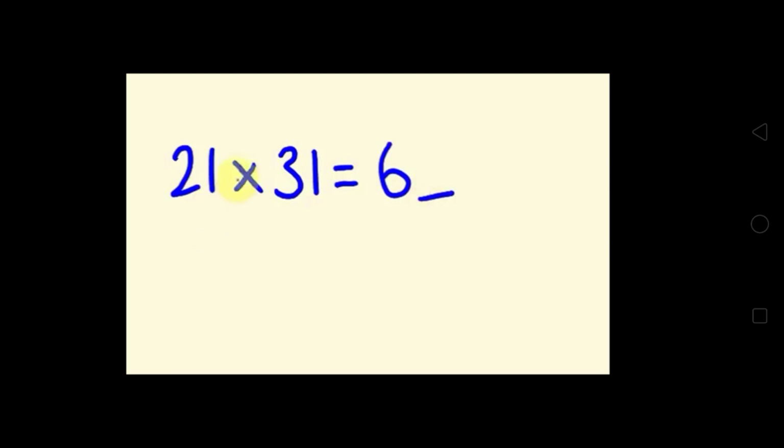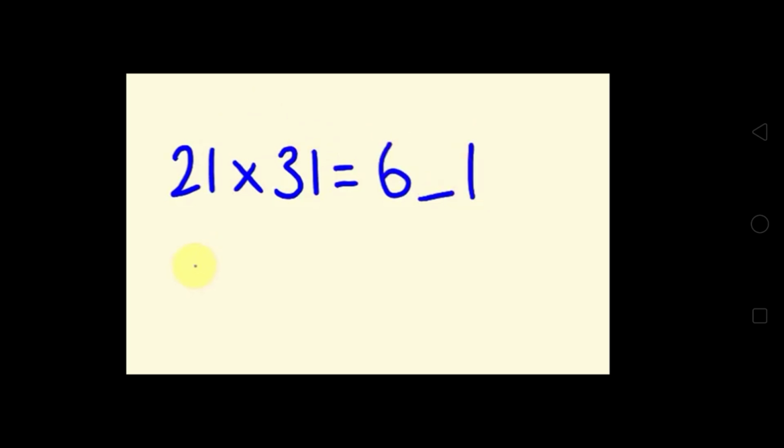Multiplying two-digit numbers. So, let's say we have 21 times 31. So, how are we going to multiply it mentally? So, first, we multiply the tens. 2 times 3, we got 6. And then, we provide space at the middle. To get the middle number, we multiply first the ones.